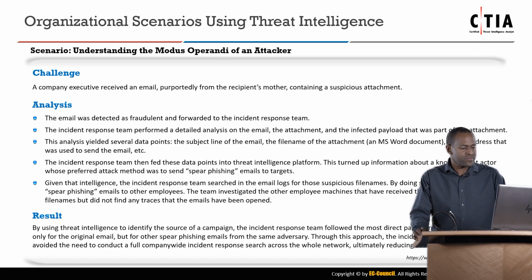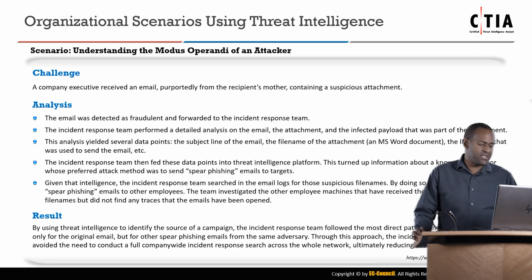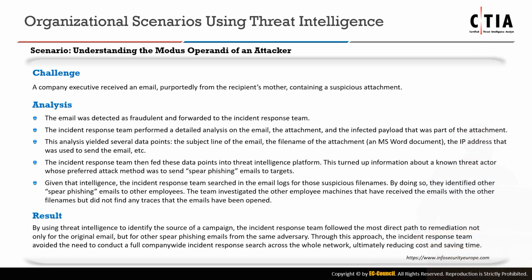In this case, the result is that by using threat intelligence to identify the source of the campaign, the incident response team followed the most direct path to remediation, not only for the original email, but for the other spear phishing emails from the same adversary.